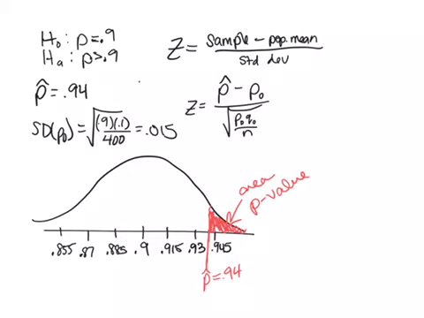So the test statistic is what we have been calling the z-score. That calculation is 0.94 minus 0.9 over 0.015. Please notice that the calculation's not any different than what we did in chapter 18 and chapter 6, right? Your sample minus the mean divided by standard deviation.